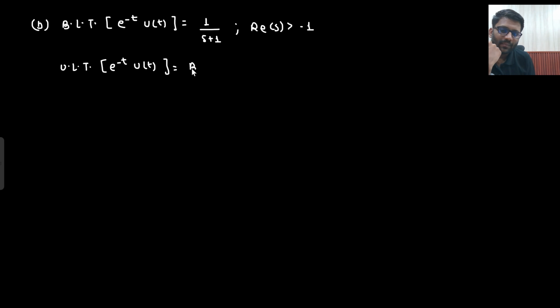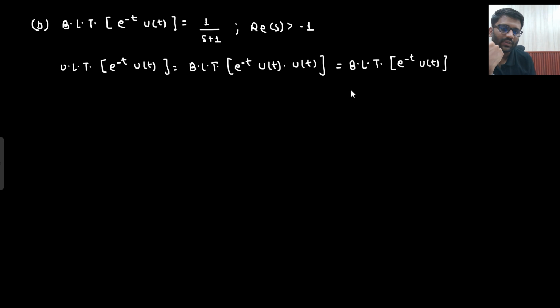That would be the bilateral Laplace transform of e^(-t)u(t), whatever the function is, multiplied with u(t). And you know that u(t) multiplied by u(t) will be u(t) only. So that will be e^(-t)u(t), and that is 1/(s+1) with the real part of s greater than -1.